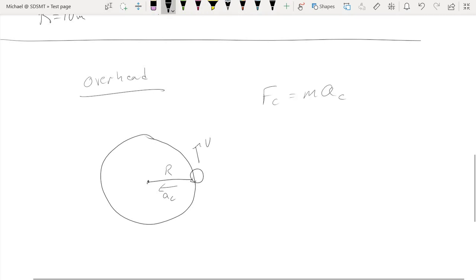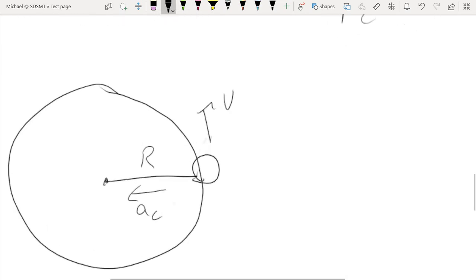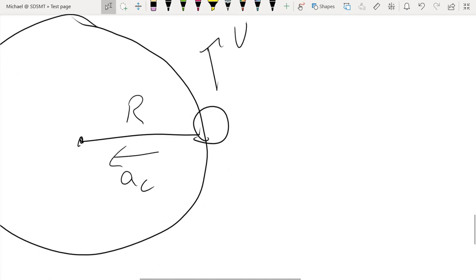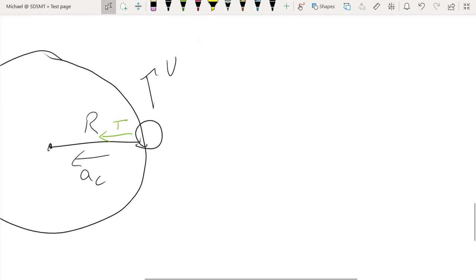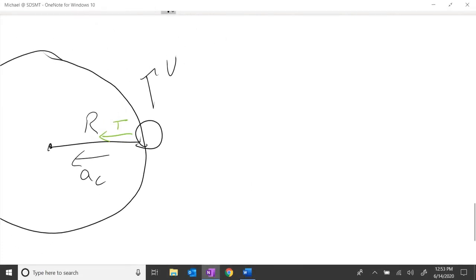We already know from our discussions with tension that tension must pull away from the body of contact. So we have this rope attached to the mass. That tension force has to pull away from the mass, and that tension force is pointing in the same direction as the centripetal acceleration.